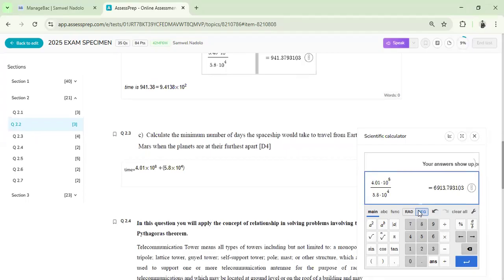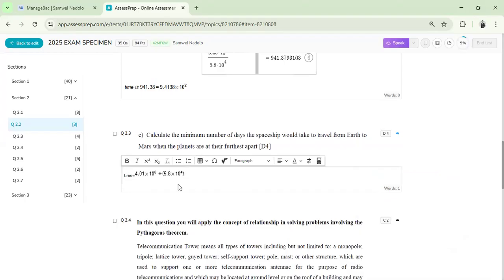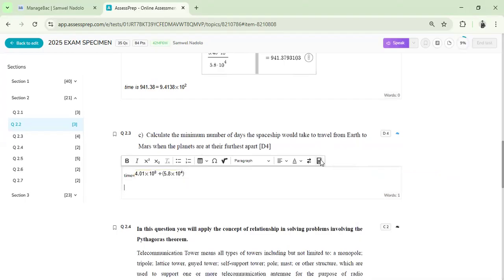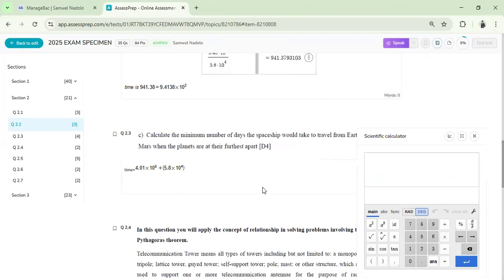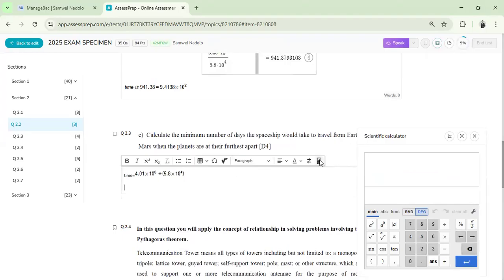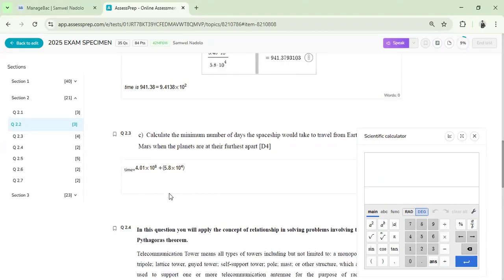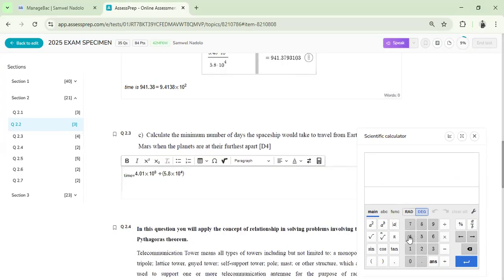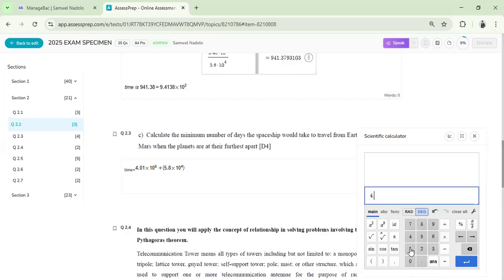Okay, so you will get this as your answer, and you are going to come back here. You can close your calculator, then come back here and say copy from the calculator. Your calculator should be visible. I think everything we did has been erased, but let me do it quickly.